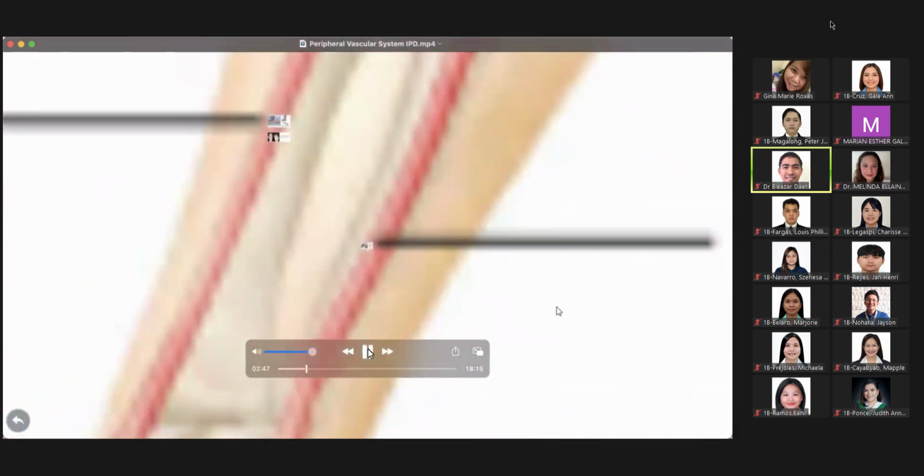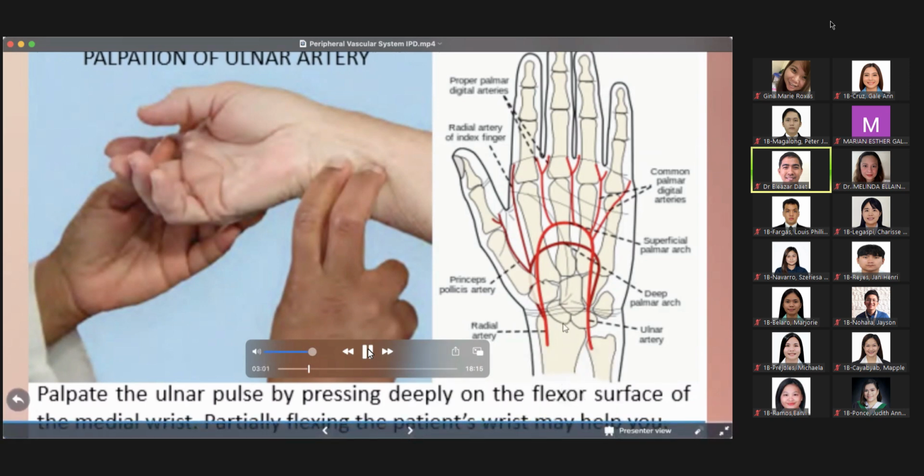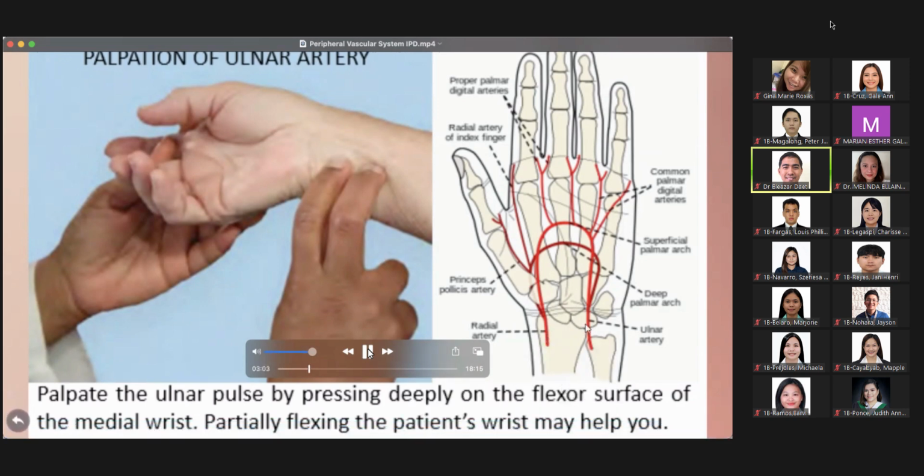For the ulnar artery, this is done by pressing deeply on the flexor surface of the medial part of the wrist. As you know, the ulnar artery is on the other side of the radial artery, so there is a dual flow to the hands.